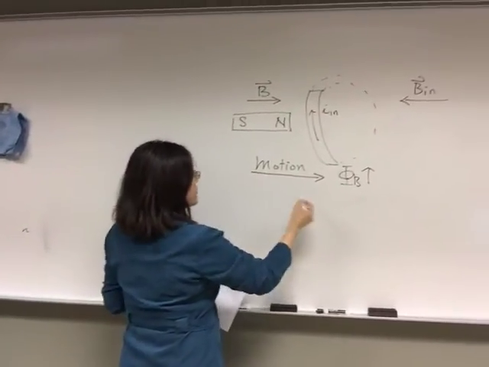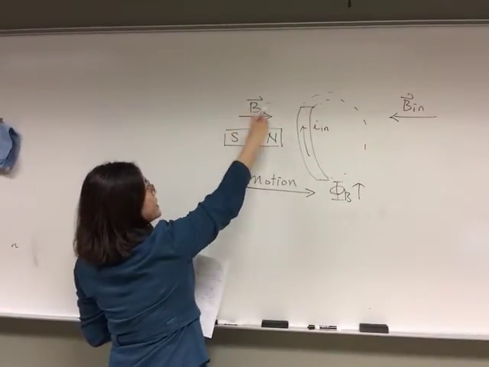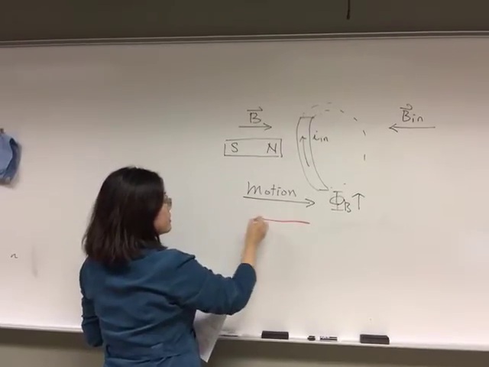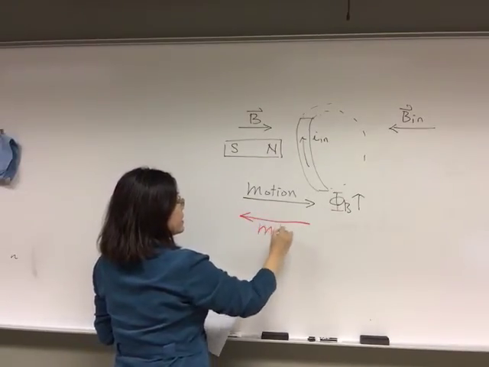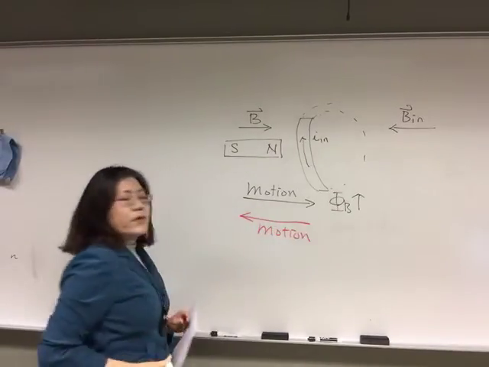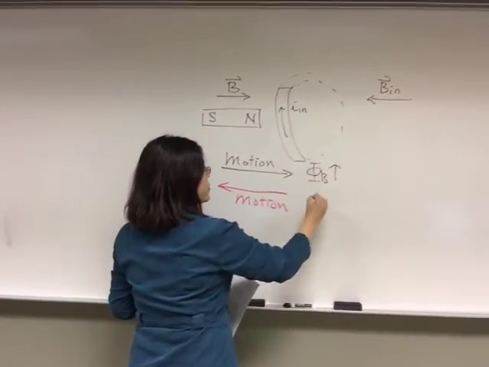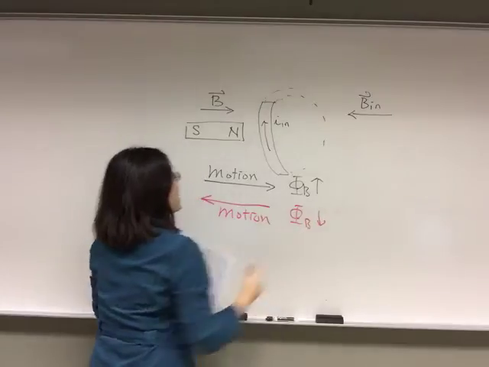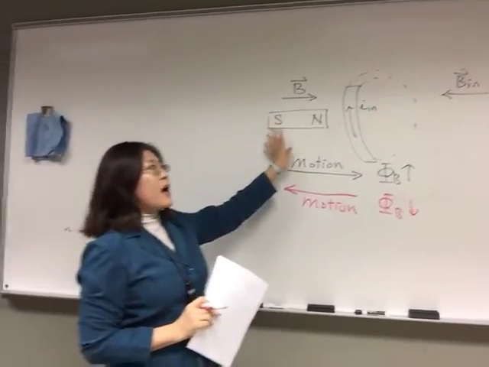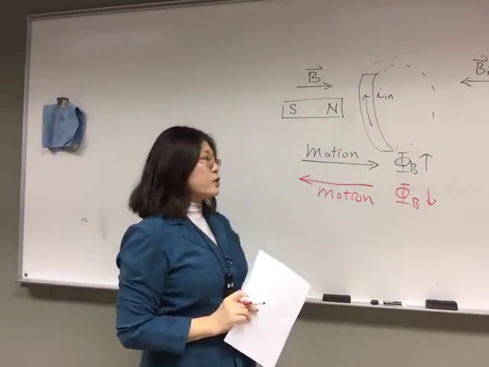So you still have the bar magnet that's pointing in that direction, but now the motion is in the leftward direction. If the motion is in the leftward direction, the magnetic flux decreases, because you now have fewer magnetic field lines passing through this cross-sectional area.